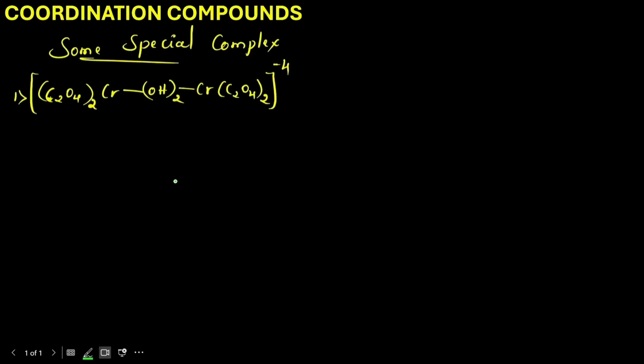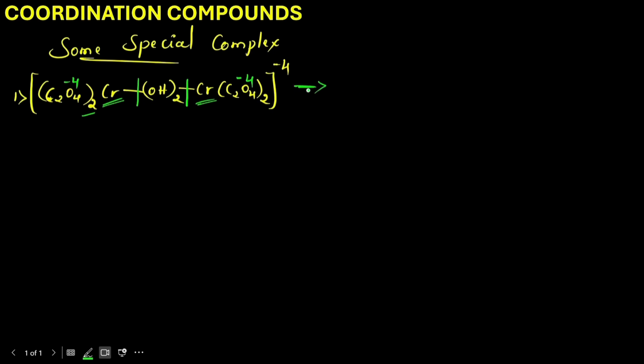Now we will start writing the name of some special complexes. So here we have a bridging ligand. Here 2 OH ligands are acting as bridging ligands. First we will calculate the oxidation state of 2 metal ions. We know that oxalato ligand will be having minus 2 charge. So therefore minus 2 into 2 it is minus 4 and here also minus 2 into 2 it is minus 4.